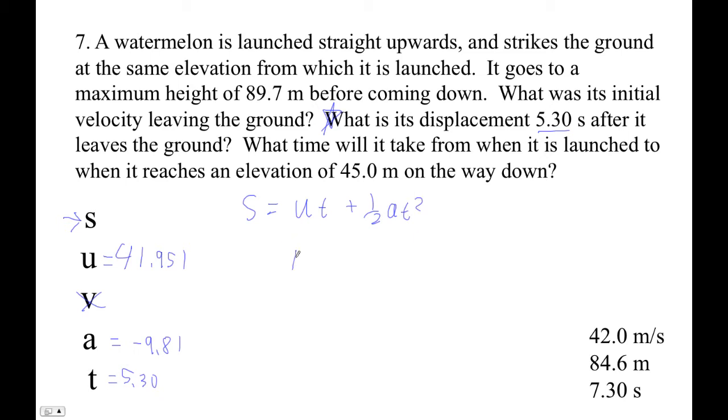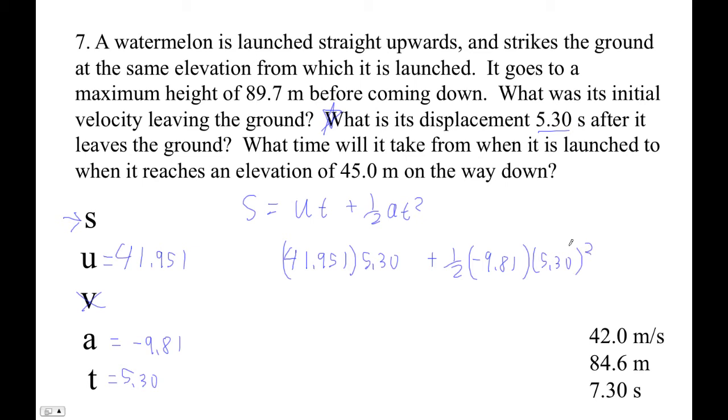So it is 41.951 times 5.30, plus 1/2 times negative 9.81 times 5.30 squared. Okay, so let's do this.